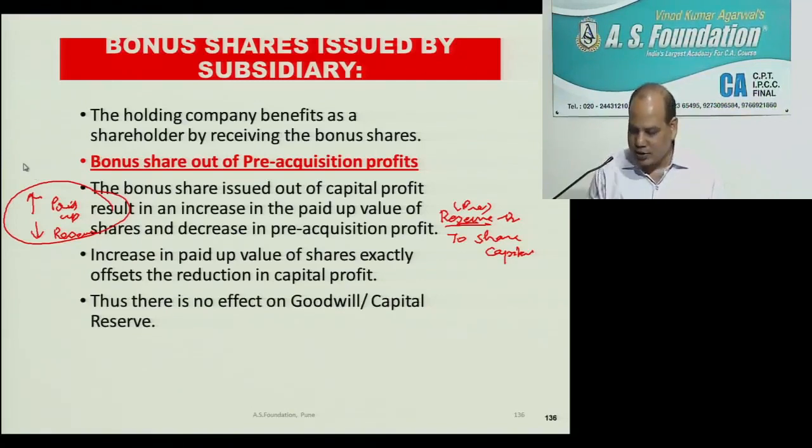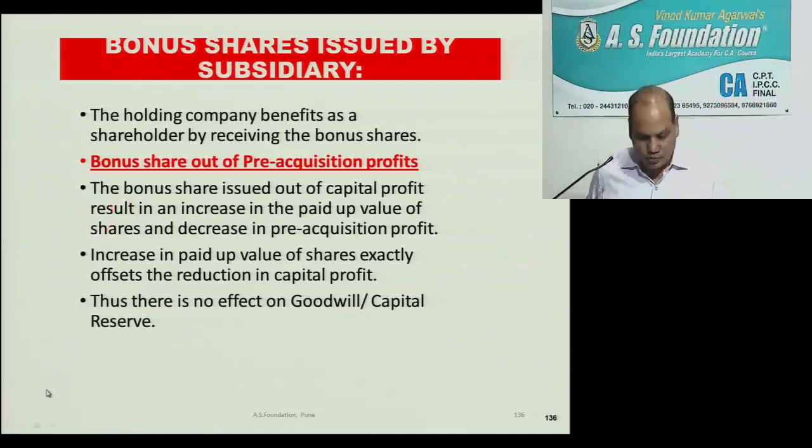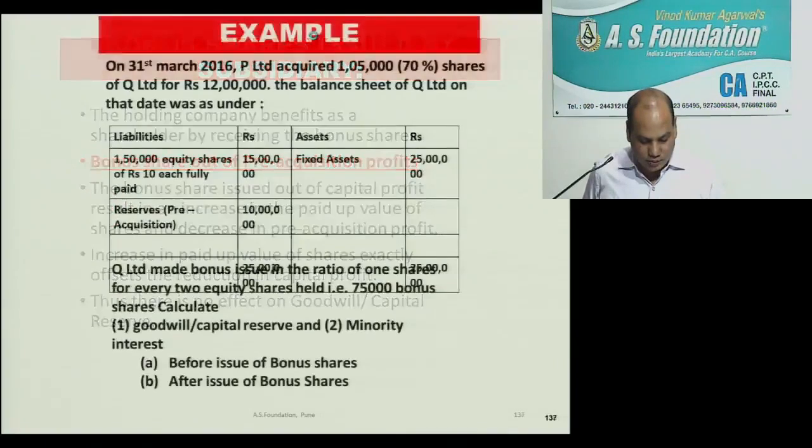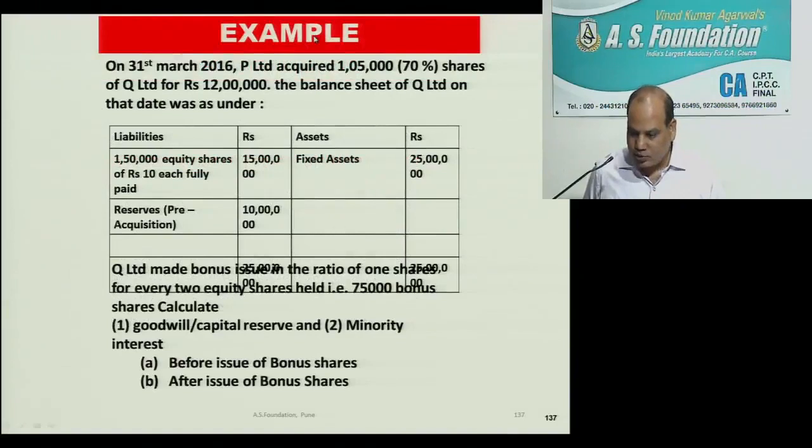But because this is a statement, you may not agree with me. So what I did: an example. Next question for 4 marks. On 31st March 2016, P Limited acquired 1,05,000 shares, 70% of Q Limited, for rupees 12 lakh. Will this 12 lakh change because of bonus issue? On the balance sheet date, the balance sheet of Q Limited was: 1,50,000 equity shares of rupees 10 each fully paid, 15 lakh.